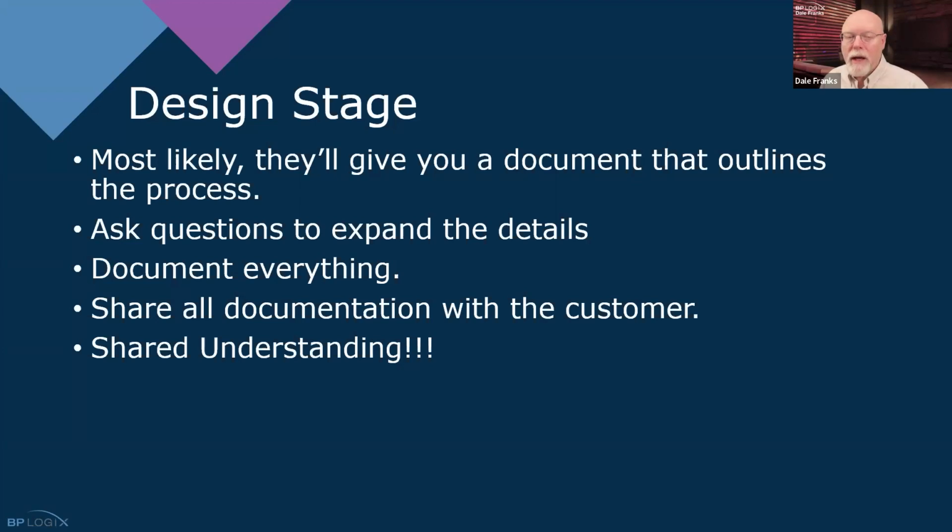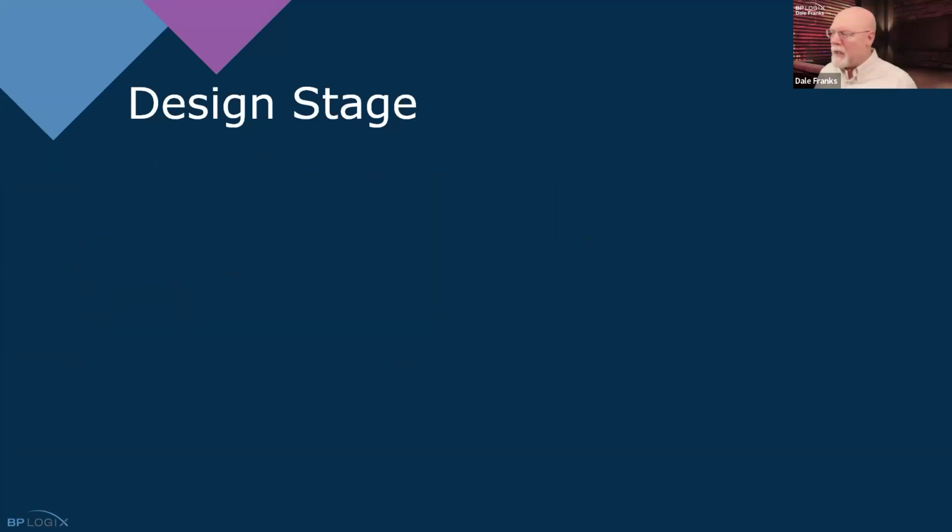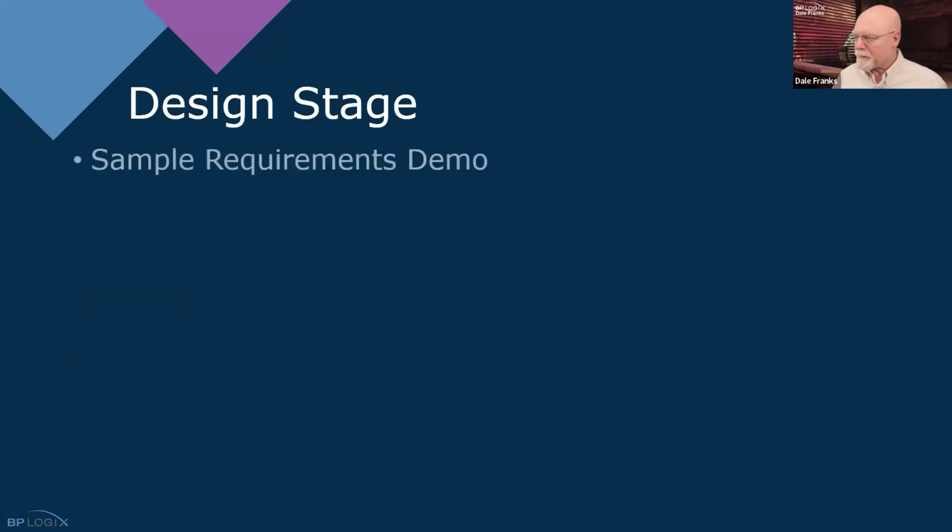You do not want to get into any sort of conflict with your customer, your initial customer, over whether you are building the thing they want you to build. If you have a document that everybody has agreed to, that everybody has gotten their feedback into, that everyone understands, you're going to have a much easier time, and you're going to avoid a lot of potential conflict with the customer over misunderstandings. Our goal here is to avoid any misunderstanding about what it is that we're building so that everybody is on the same page.